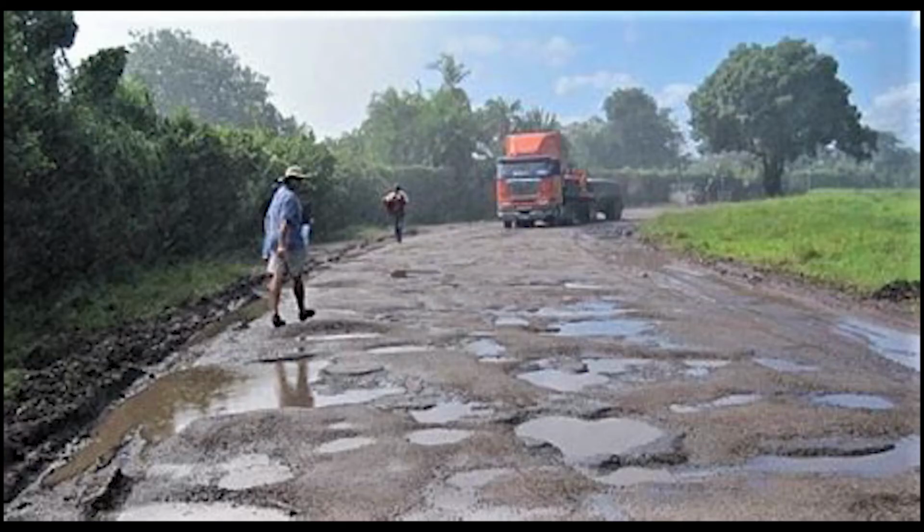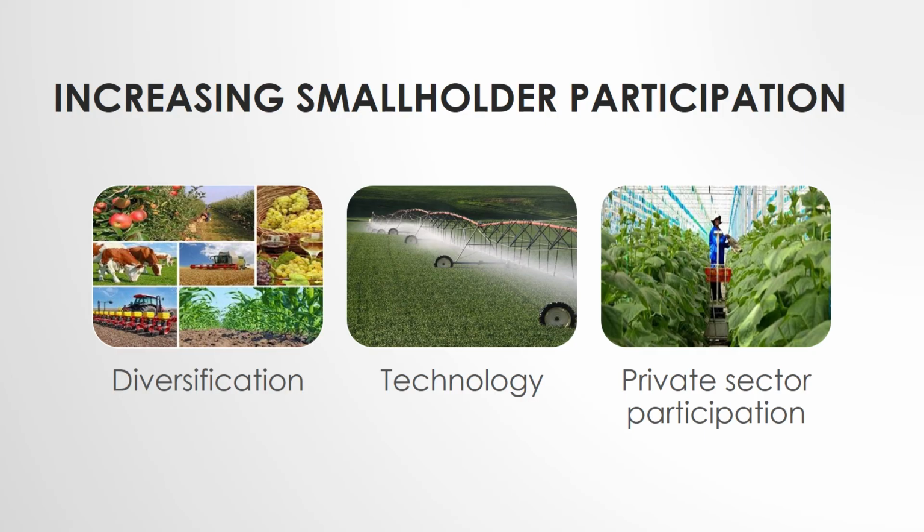Of course, the implementation of the African Continental Free Trade Area is likely to encounter some challenges. For example, weak infrastructure, low technological uptake, and cross-country conflicts. But the bigger challenge of increasing smallholder participation lies in three key policy options: diversification, technology, and private sector development.